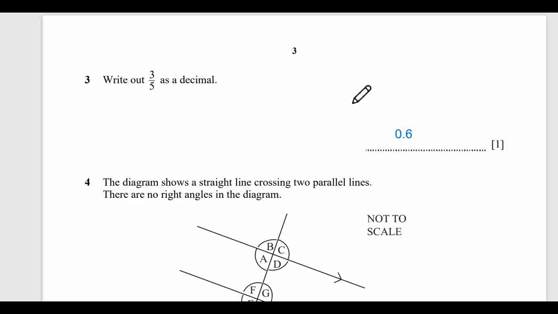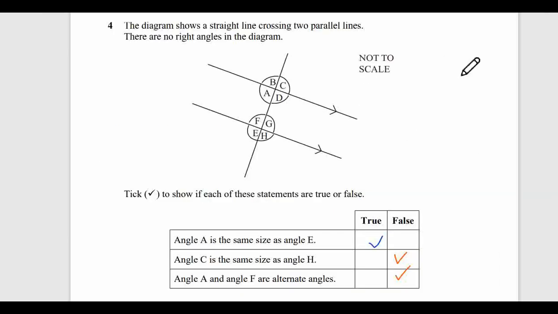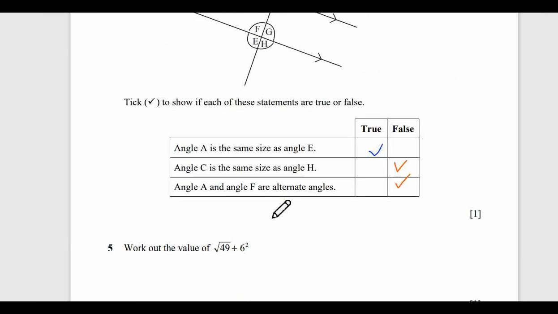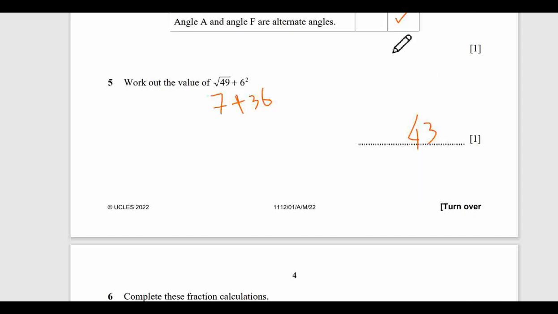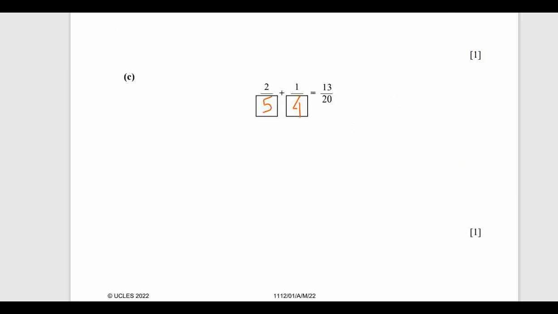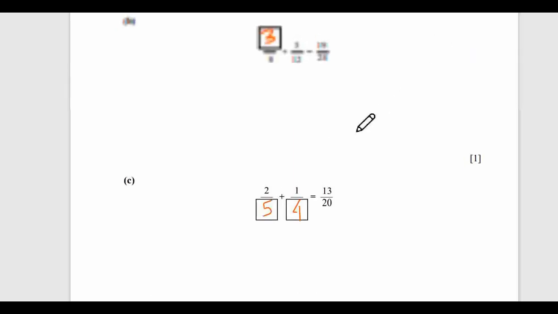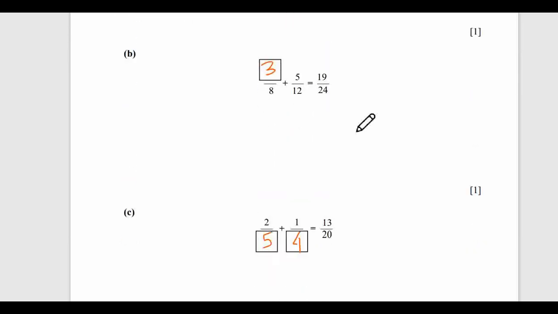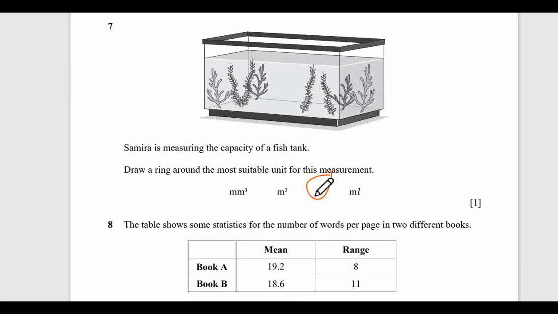This is question number 3 answer. This is the answer for question number 4. Next, this is the answer for question number 5. This is the answer for question 6A and B. And this is the answer for question 6C. Next, this is the answer for question 7.